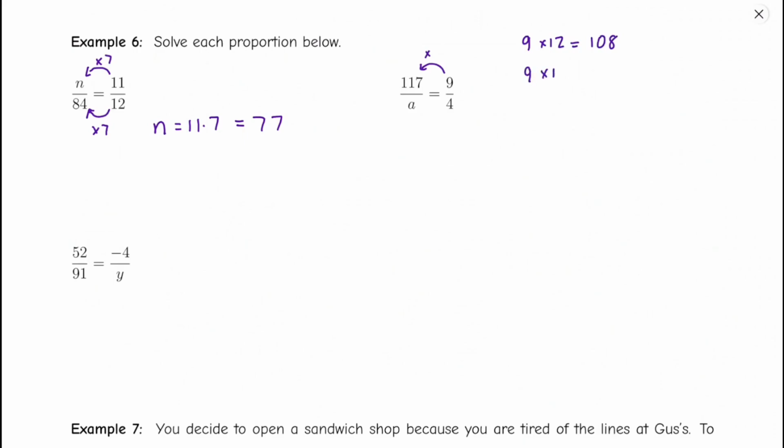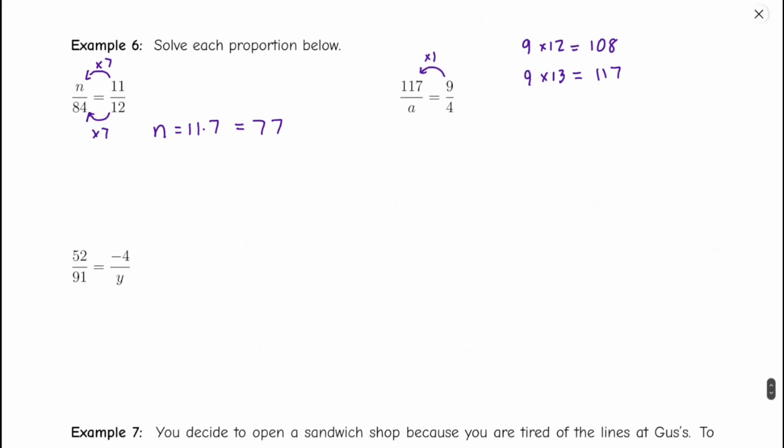Well, then 9 times 13 means I add 9 to that answer, so we get 117. Oh, that's the number I was looking for. So we take 9 times 13, which means to get A, we have to take 4 times 13. So A equals 52.